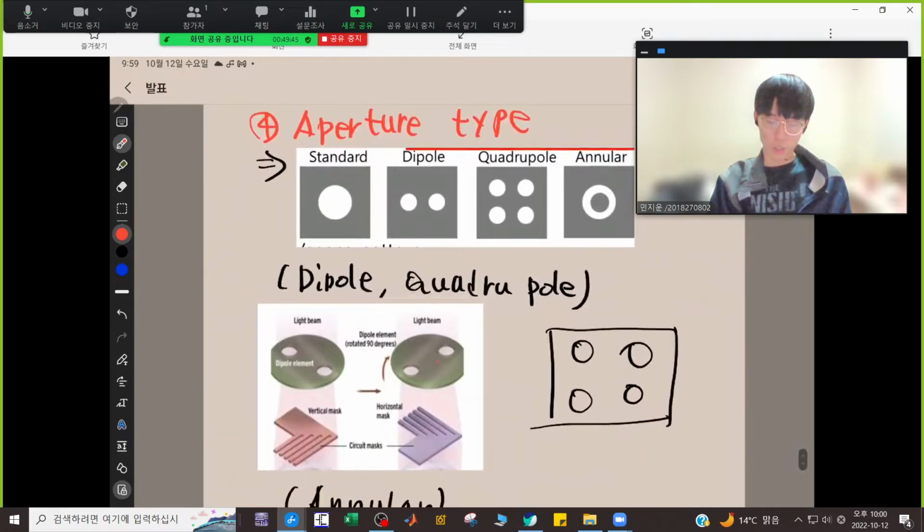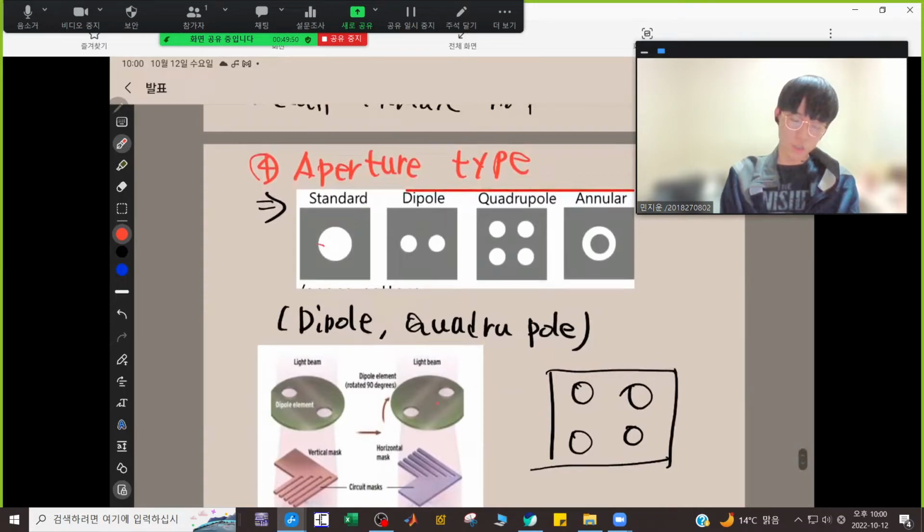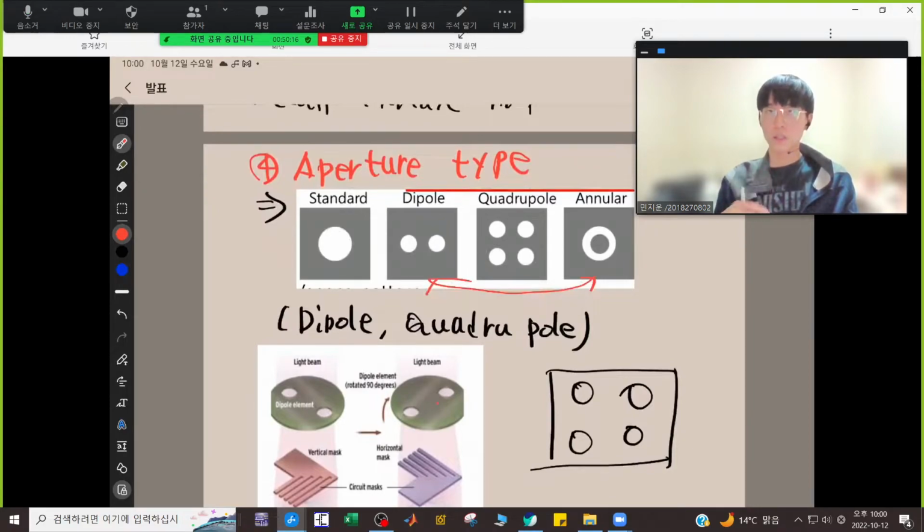Next is aperture type. There are four types. The first is the original type, and the other types are selected by the type of mask.